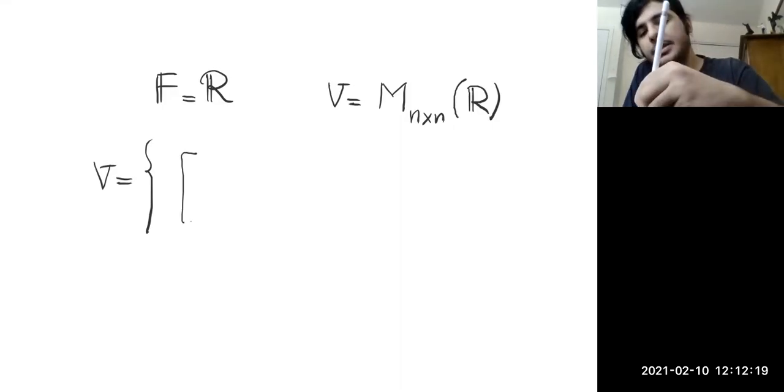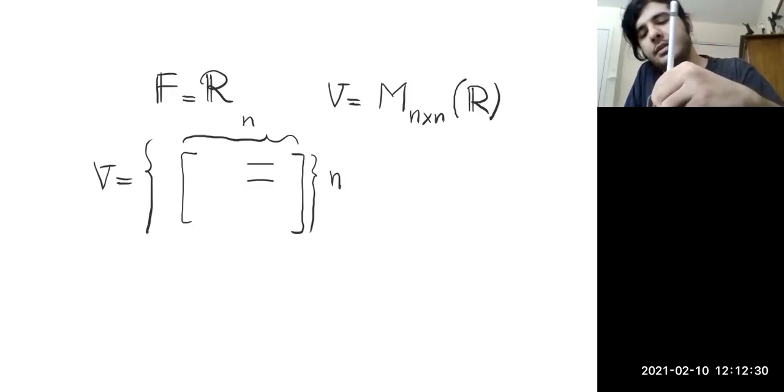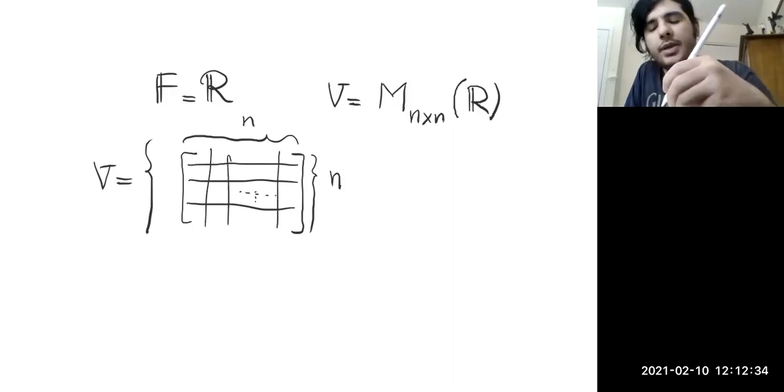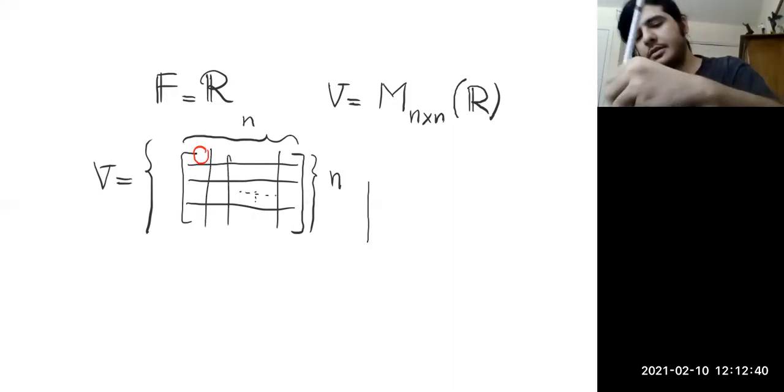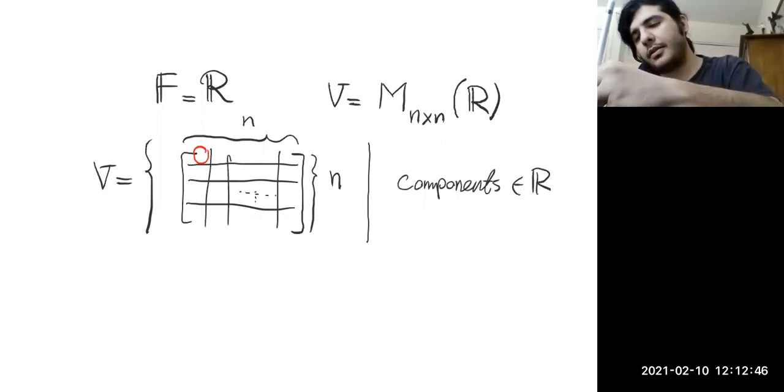So the elements inside this space are matrices which have n rows and n columns, and each element in this matrix is a real number, an element of R.